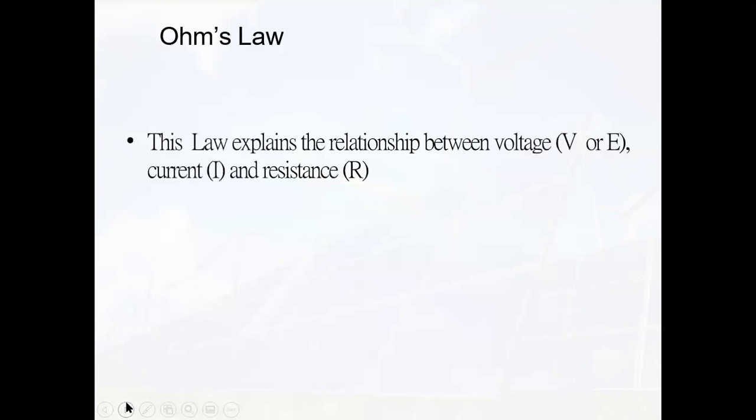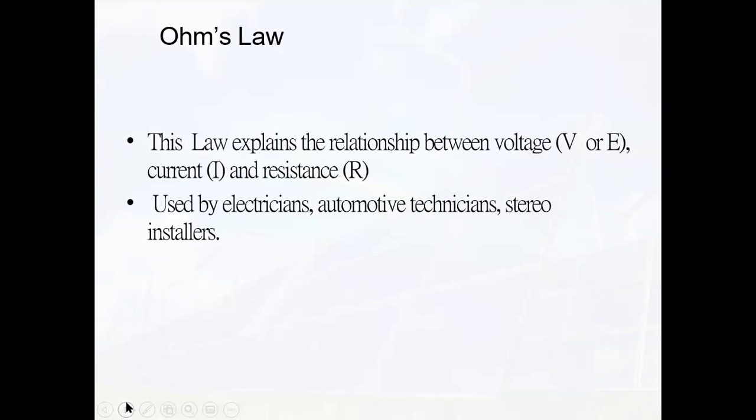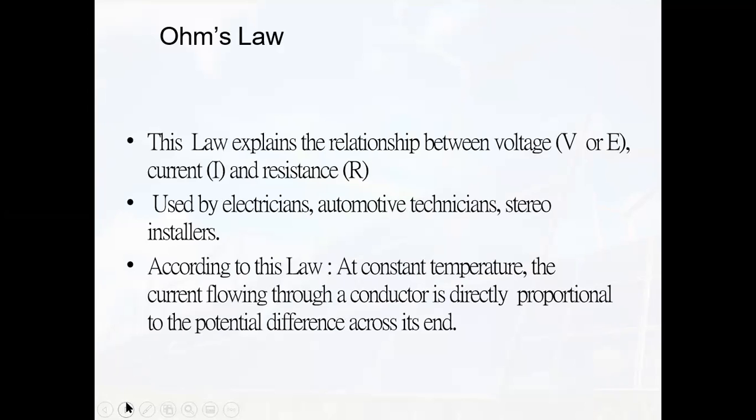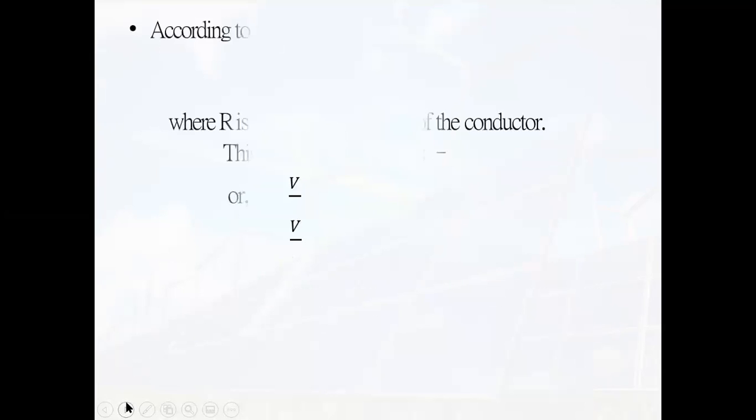What is Ohm's law? This law explains the relationship between voltage, V or E, current, and resistance. It is used by electricians, automobile technicians, and stereo installers. According to this law, at constant temperature, the current flowing through a conductor is directly proportional to the potential difference across its ends.